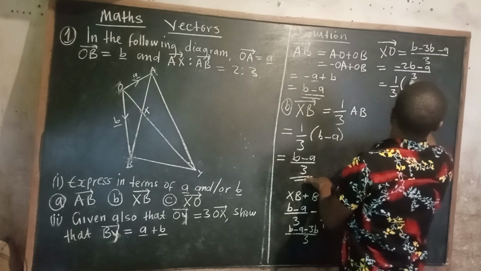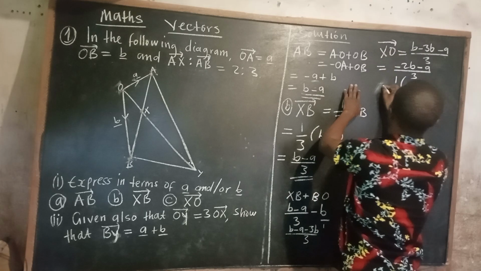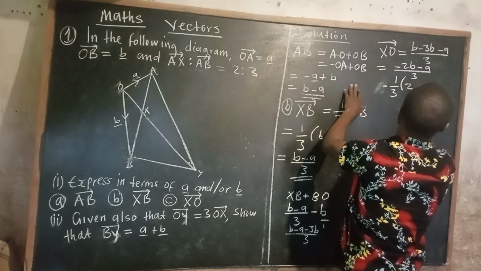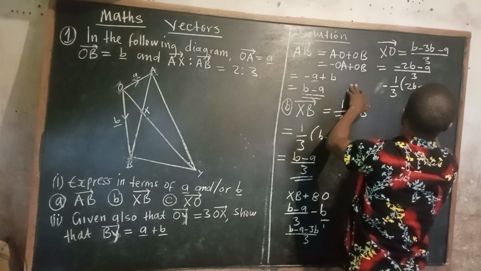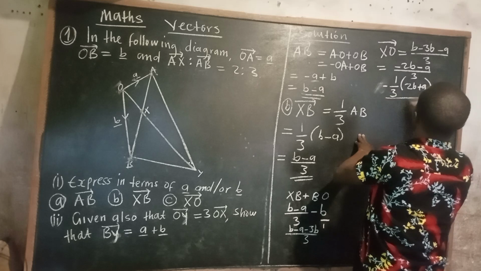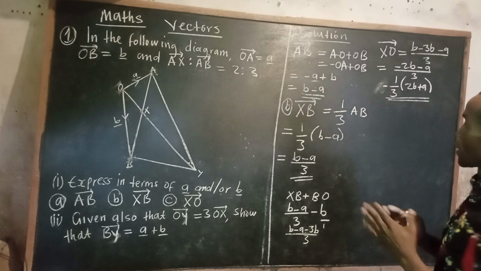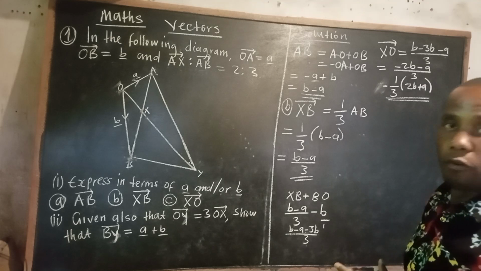Then we write negative here, that means inside there will just be positive 2B, then plus A. So this is our XO. That is how we are supposed to move.